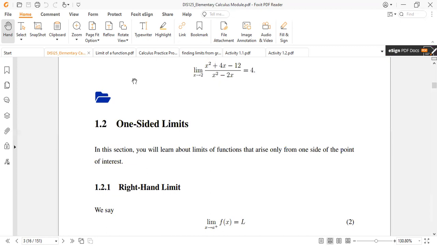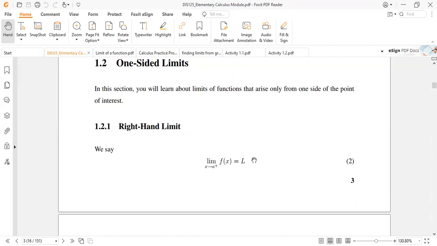One-sided limits are where we're trying to find the limit of a function as x approaches a certain value a from the right side, meaning it's approaching from values that are greater than a itself. And we can also look at what the limit is as x approaches a from the left side. So we have the right-hand limit and the left-hand limit.